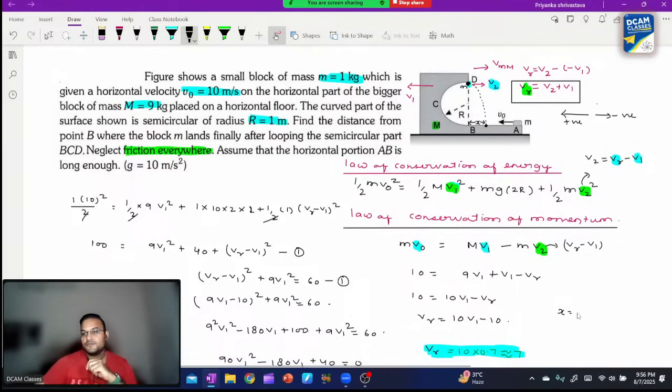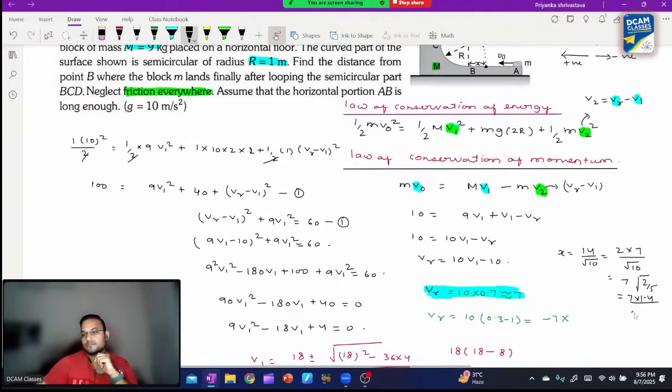The x should be 14 by root 10. 2 into 7 by root 10. 7 root 2 by 5. 1.4 by 2.2. 7 to 7 by 11. 49 by 11.